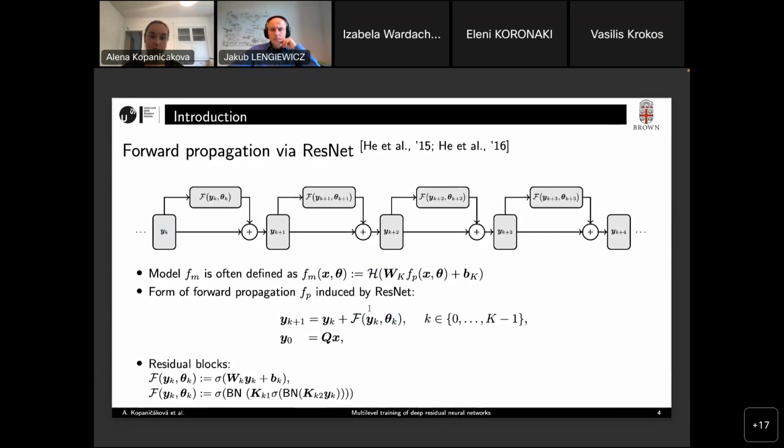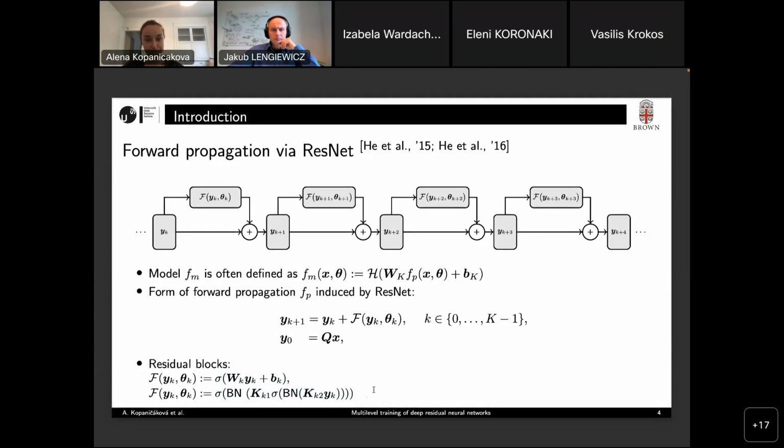There are many ways these residual blocks can look. For example, we can have a simple single layer perceptron, so an affine transformation of features followed by some nonlinear activation function. But it can also be something more complex, as is common in ResNets used for image classification, where we have convolutions followed by batch normalization and then some activation function, and this can be repeated multiple times.